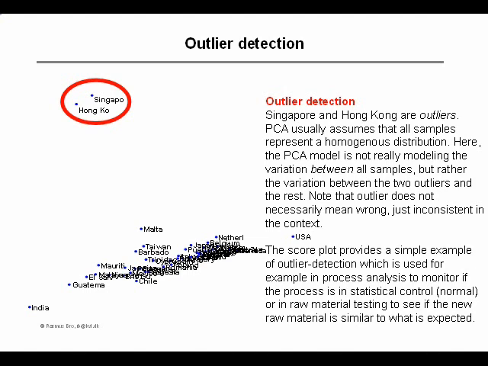And that's usually not what we want to do with a PCA. We want to describe the common phenomena in the data, not individual peculiarities. So, in a simple score plot like this, we already get an indication of whether a sample is an outlier. And this is exactly how it's used, for example, to detect whether a process is running appropriately or whether the process is going out of control.